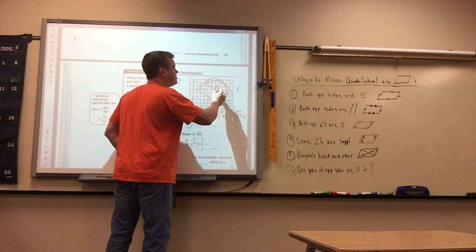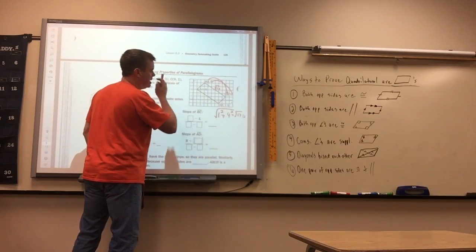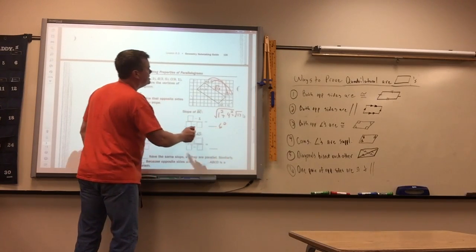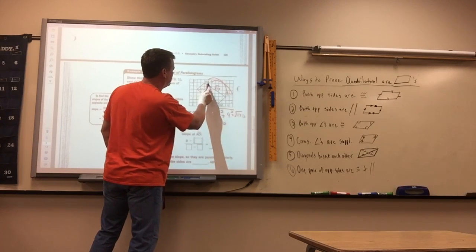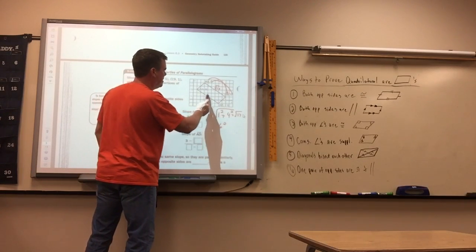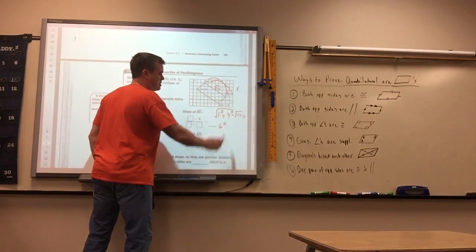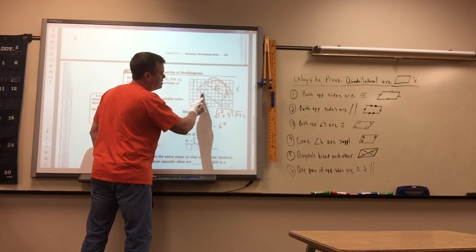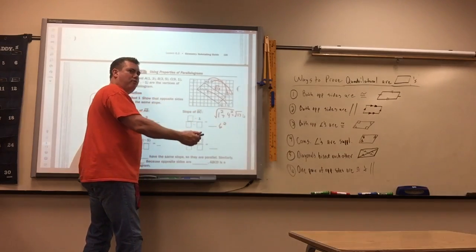So then you would just have to check, is this the same? 7 take away 1 is 6 squared. Oops, I did a wrong number right there. It's not an 8, it's a 3. I gotta switch that one. So 7 take away 1 is 6 squared. Negative 1 take away 3 is negative 4.